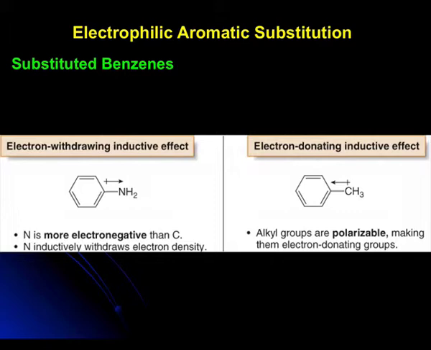So I can draw multiple resonance structures where the electrons aren't just on the nitrogen atom but delocalized into the ring. That effectively makes this aromatic ring more electron rich, and so it should react faster or slower in an electrophilic aromatic substitution reaction? Faster. It should react faster than benzene, which does not have a substituent. Okay?